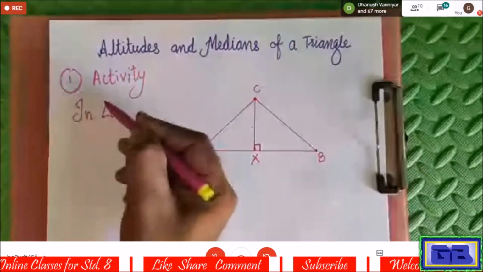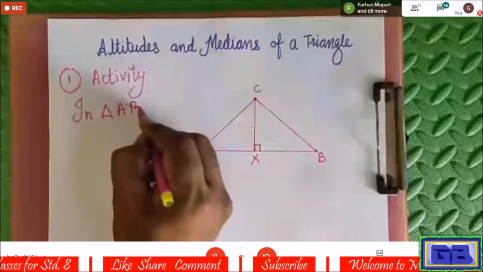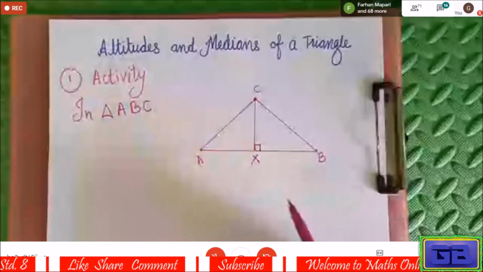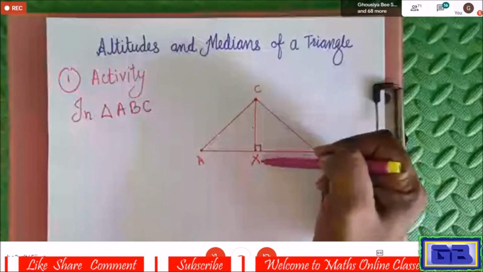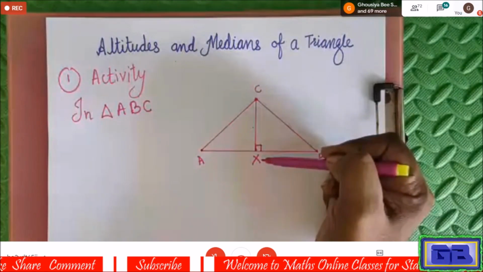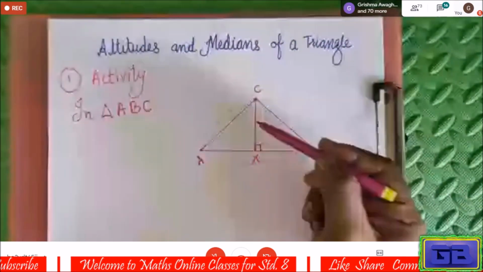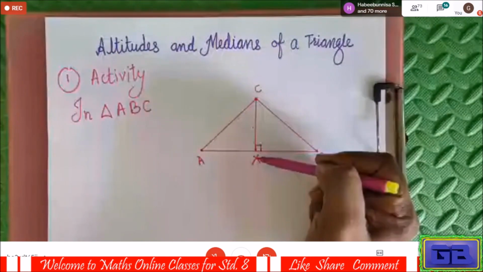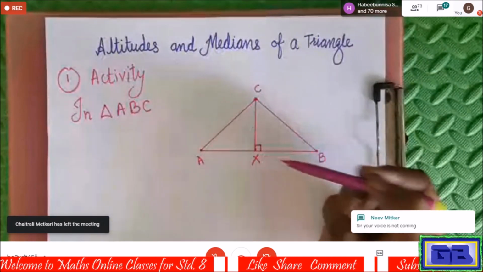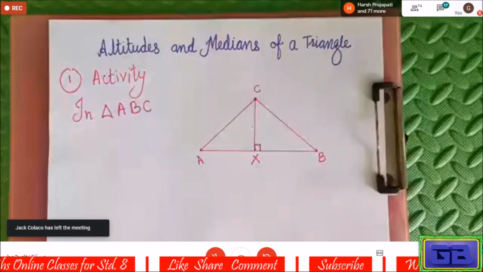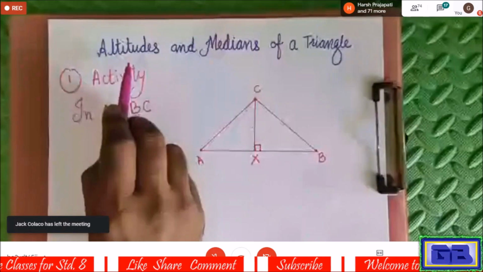In triangle ABC, CX is perpendicular. This perpendicular segment CX is called the altitude of a triangle.